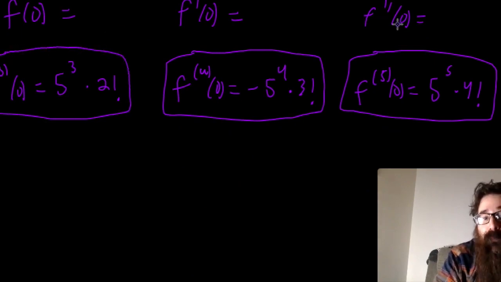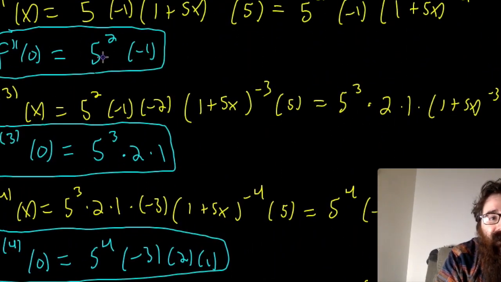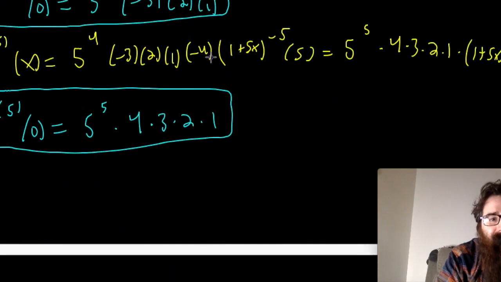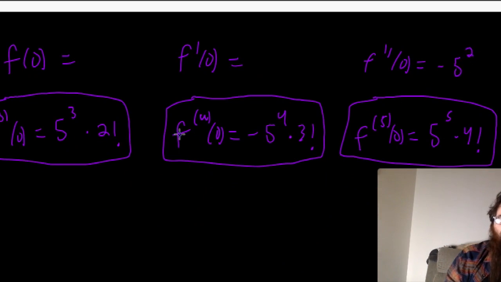And then I bet f double prime was negative. Yeah, so it was a negative 5 squared times 1. And if I'm trying to be good, if I'm trying to follow and establish a pattern, I would say negative 5 squared, and then we could say 1 factorial. And we could say that for free. 1 factorial is just 1. The multiplicative identity, we can say that, no problem.